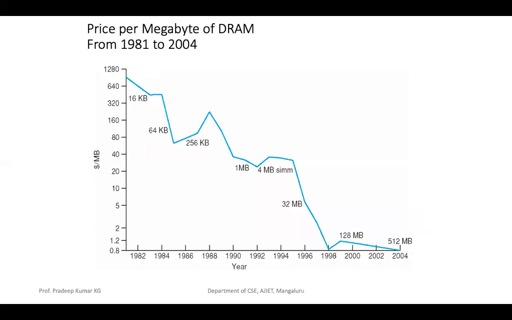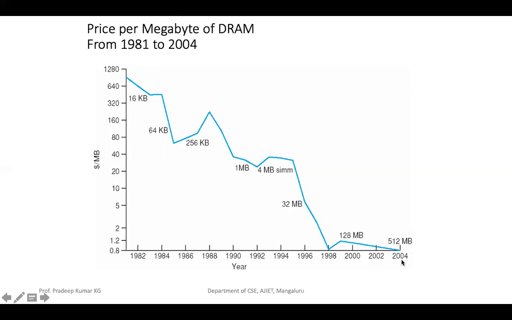You can see this small graph, copied from Operating System by Silberschatz. If you observe, this graph was drawn in 2004, and now we are in 2020. See the difference.